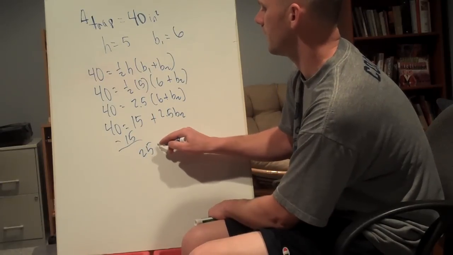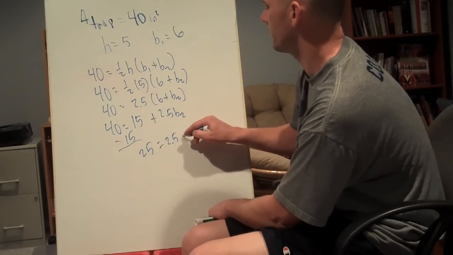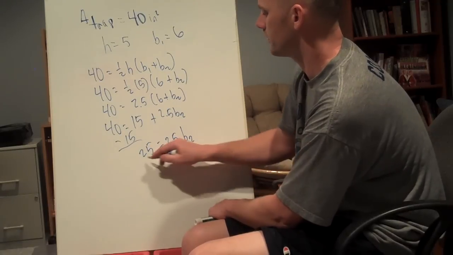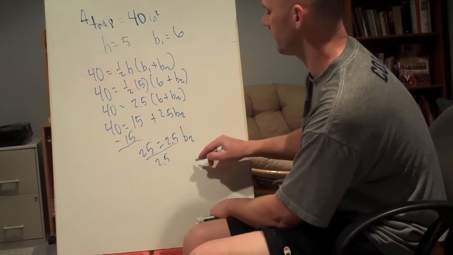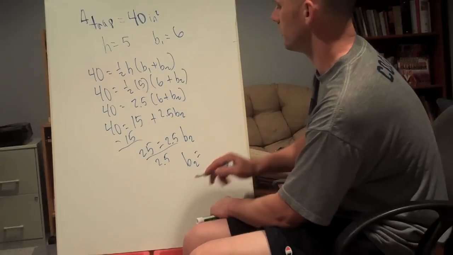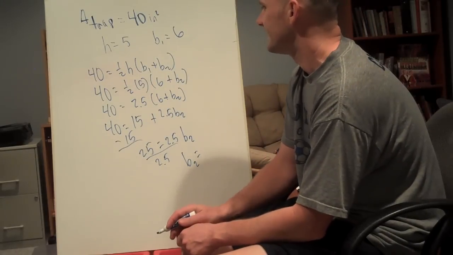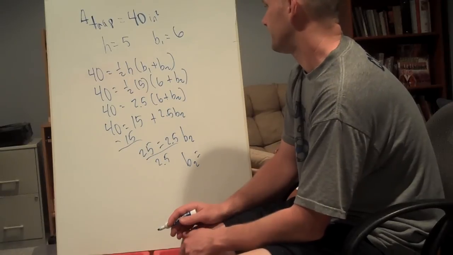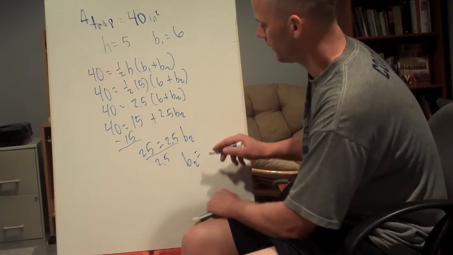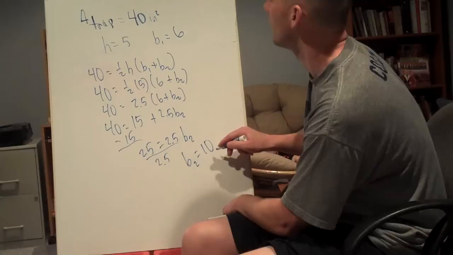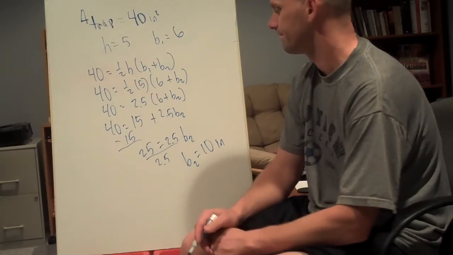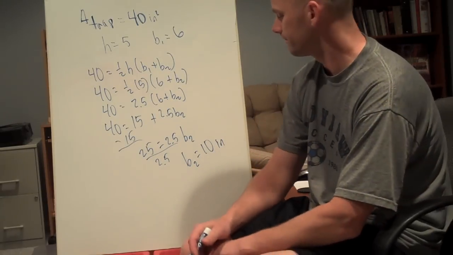We got 25 equals 2.5 times base 2. So if we divide by 2.5, we know that base 2 has a length of... I don't know. Not a clue. Yes, I do. It's 10. And that would be inches. 25 divided by 2.5. 10.